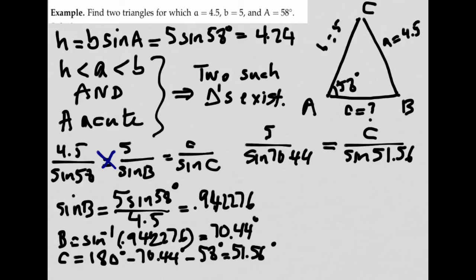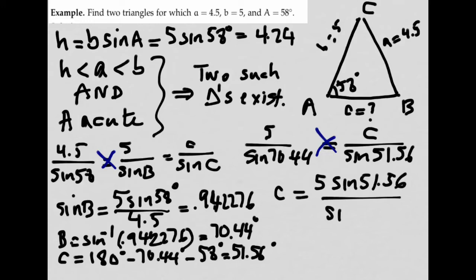So cross multiplying and solving for C, that's going to be 5 sine 51.56 divided by sine of 70.44, which is equal to 4.16.